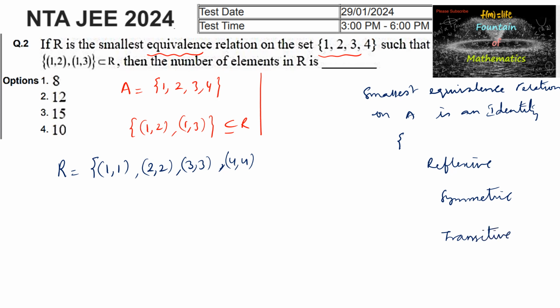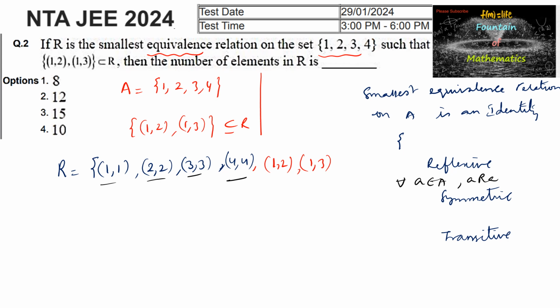But here (1, 2) and (1, 3) is a subset of the relation, so compulsorily we have to make (1, 2) and (1, 3) belong to our relation R. Then as per the reflexive condition, for every a belongs to A, a is related to a. So here (1, 1), (2, 2), (3, 3), (4, 4) is existing. So it is reflexive whether or not any other ordered pairs are added.